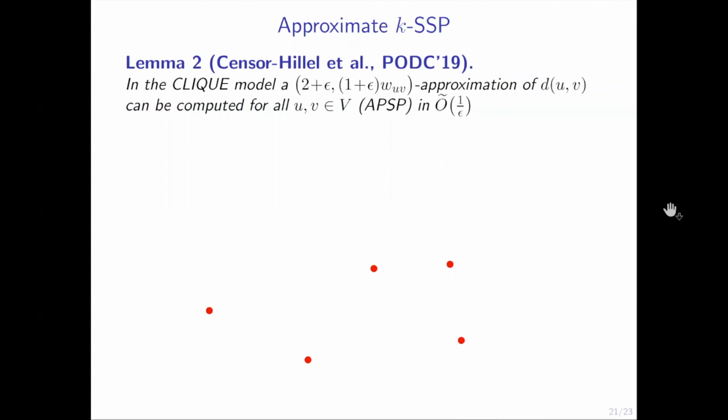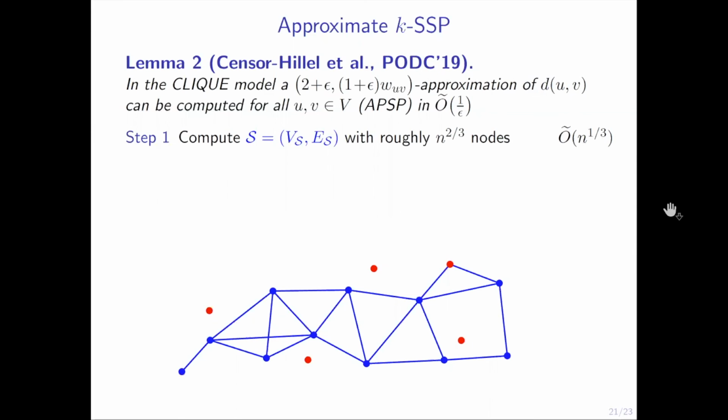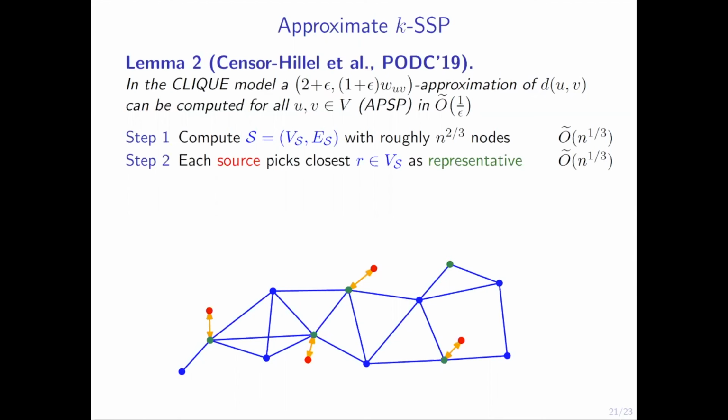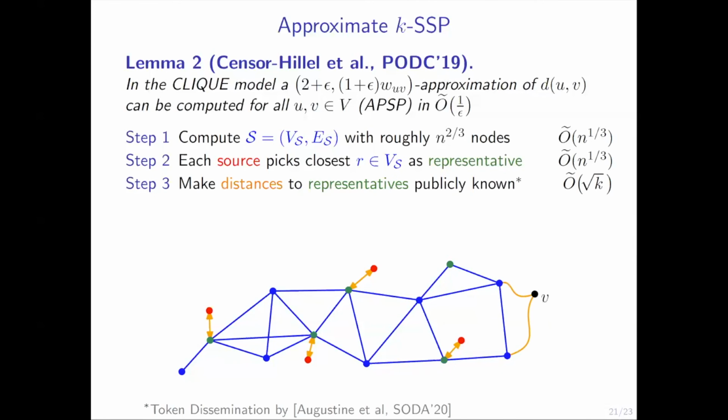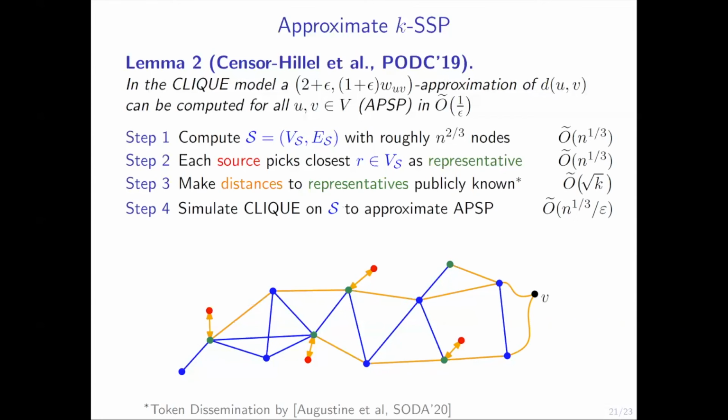So imagine the red nodes are sources. Then in the first step, we compute the skeleton with roughly n to the 2/3 nodes. In the second step, each source picks its closest skeleton node as its representative. Then in the third step, we make all the distances from sources to their representatives publicly known. And since we have k sources, this takes square root of k time.